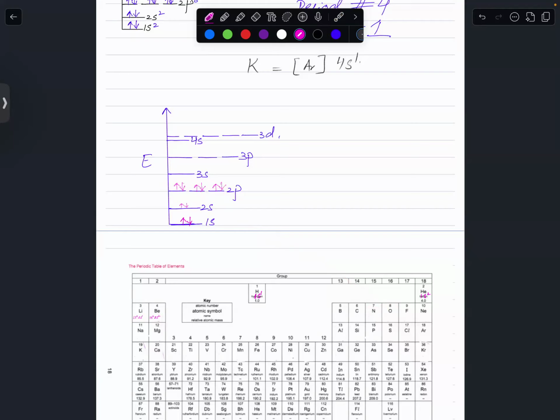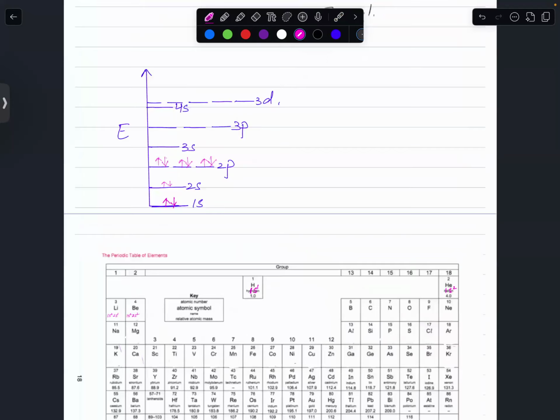There are many questions which are related to the number of paired and unpaired electrons. So when you do configuration, be careful.